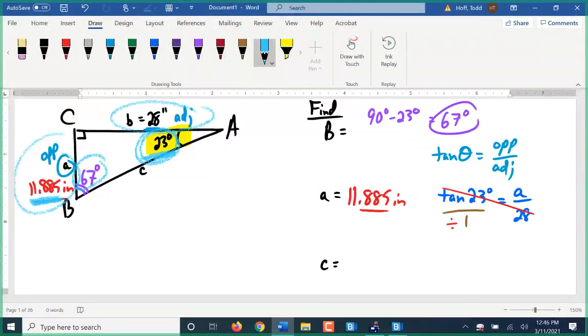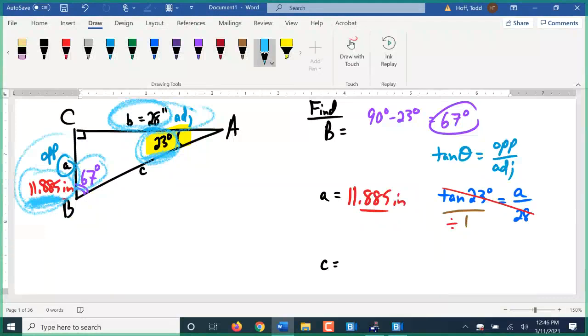Remember we said the largest side is opposite the largest angle, and the smallest side is opposite the smallest angle. We would expect this side, because it's across from 23 degrees, to be much smaller than this side, which is across from the 67 degrees. So it makes sense. So now let's go back and find side C.